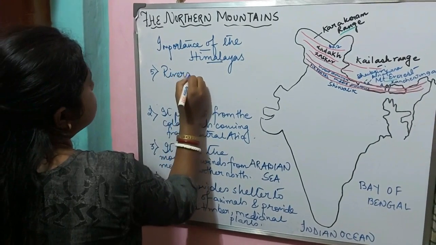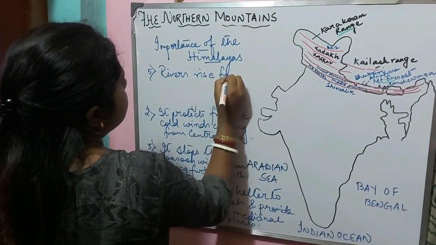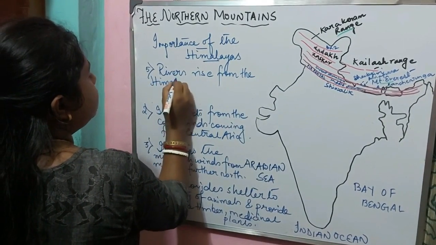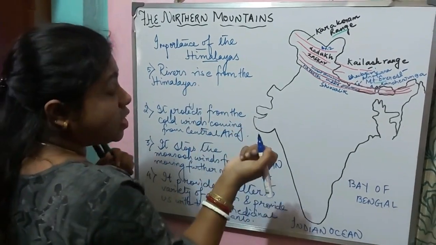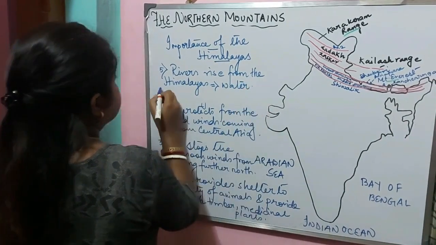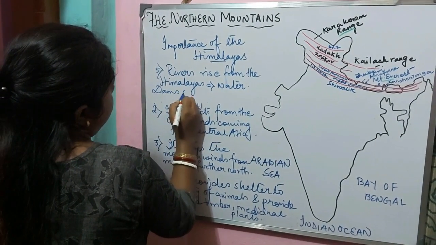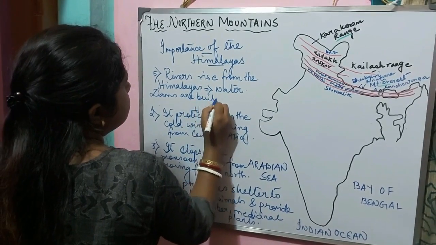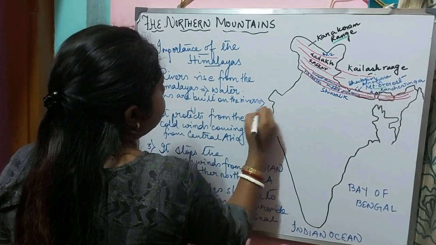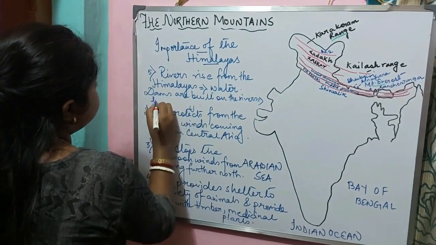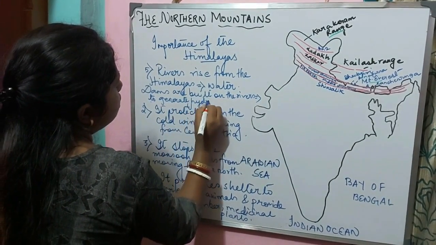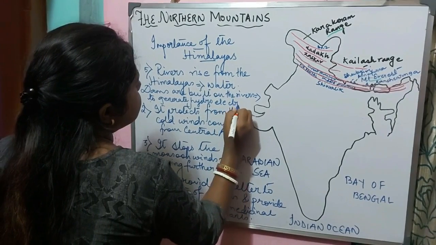Number five, different rivers rise from the Himalayas. Now these rivers provide us what? Provide us with water. Dams are built on the rivers which can be utilized to generate hydroelectricity.